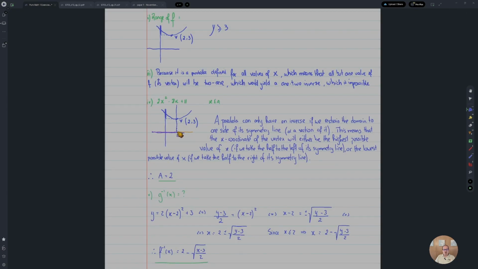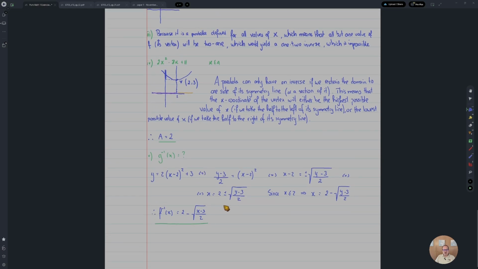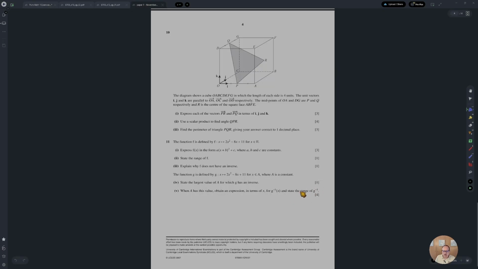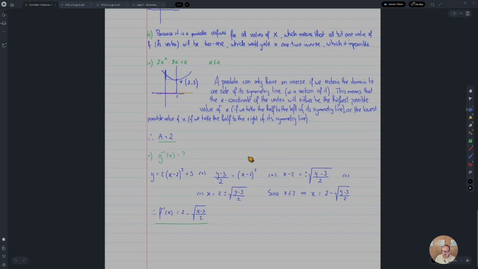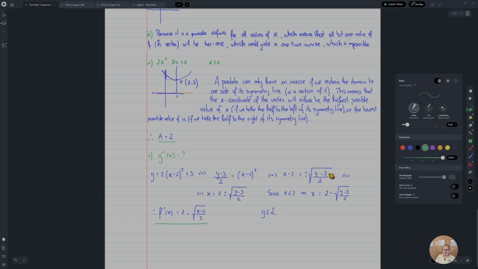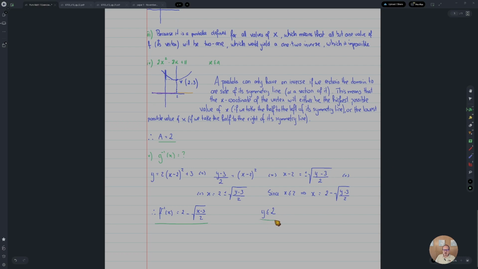So x is smaller or equal to 2. Okay, so that's your answer for this one. So again, the range of the inverse is the domain of the original. So y needs to be smaller or equal to 2. Let me just underline that. And this would be it.